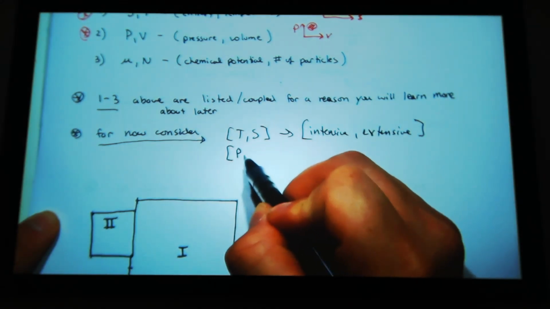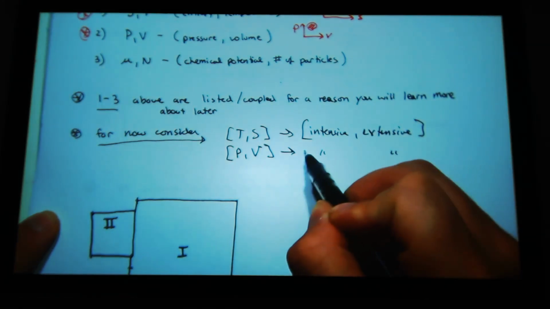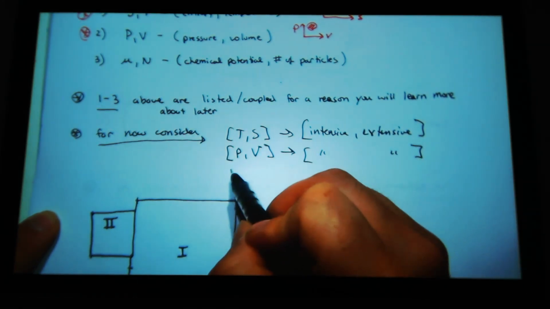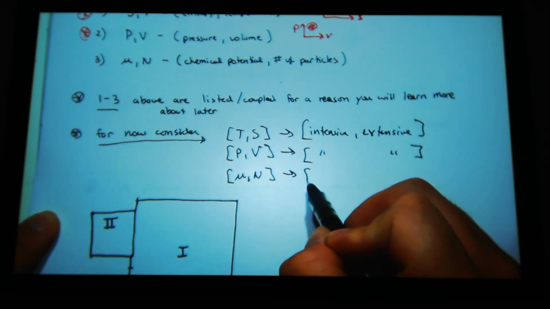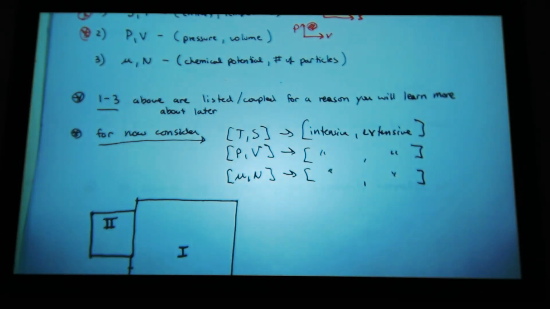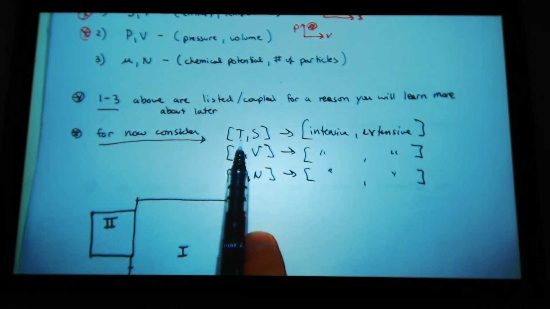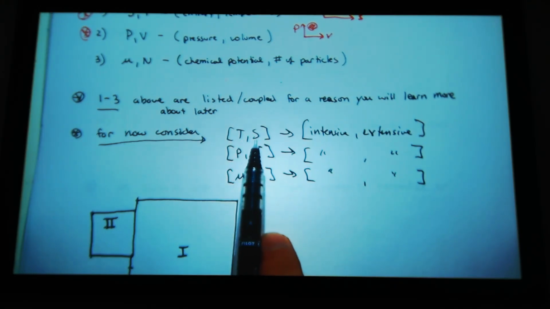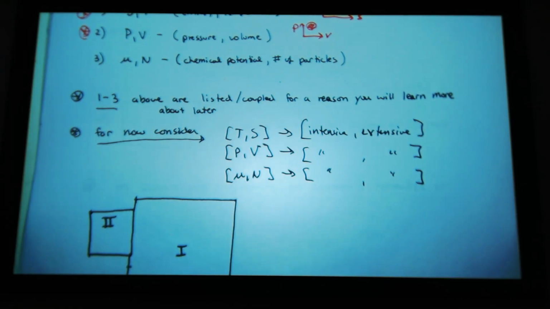And I have PV, which is the same. And likewise, I have mu n. So I'm coupling an intensive property with an extensive property, and when I do that, I make that type of a marriage.